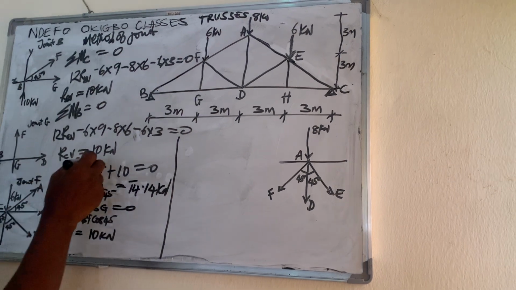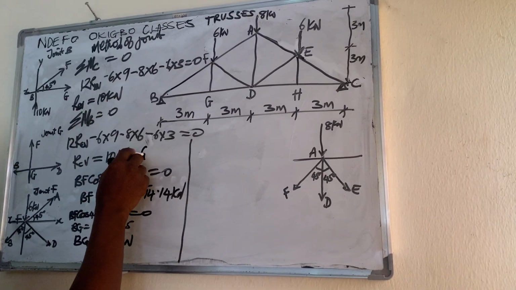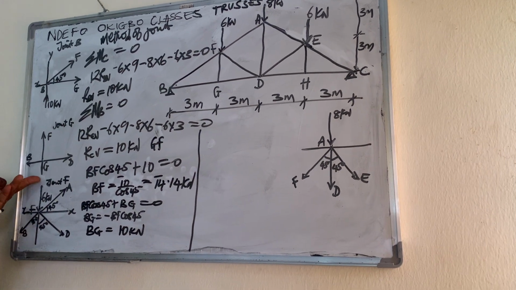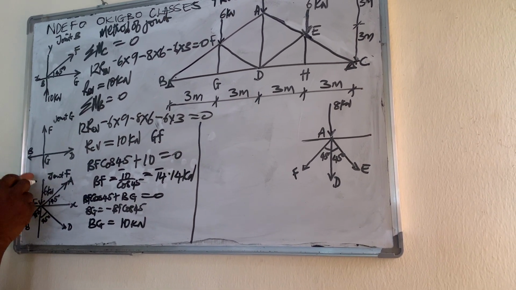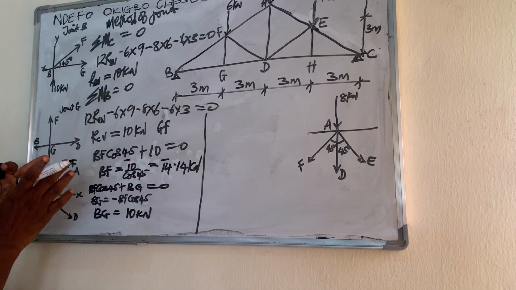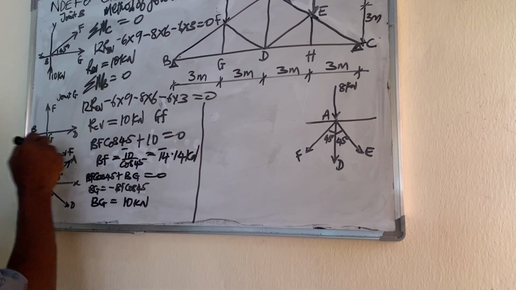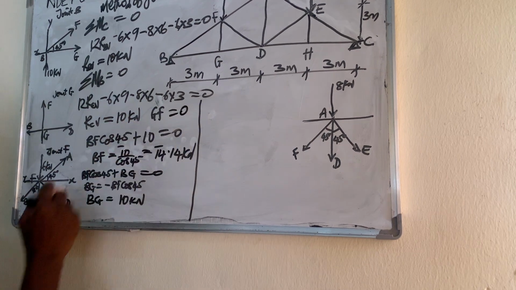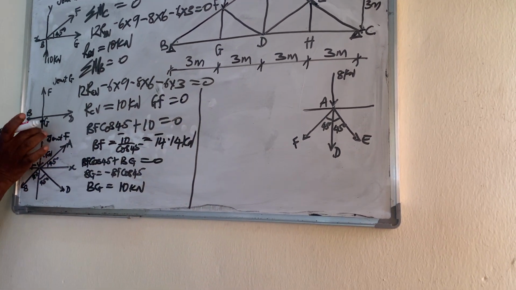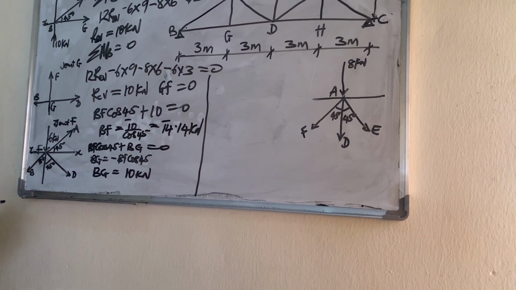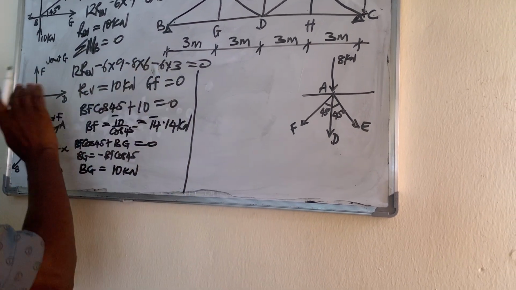So I have GF. There's no force under it, so vertical is only GF. There's no other load for them to sum as vertical forces. So GF is equal to 0.